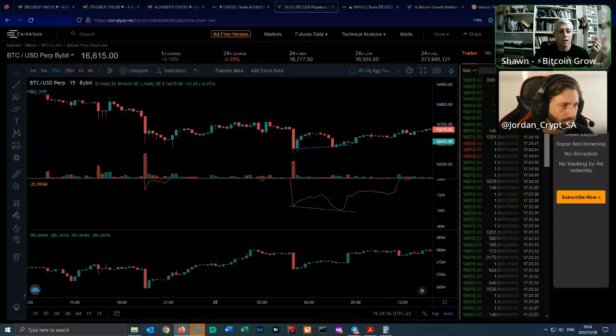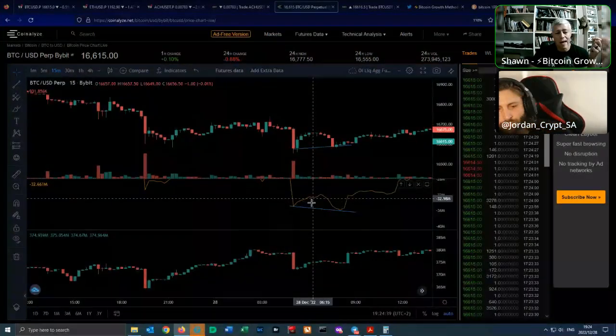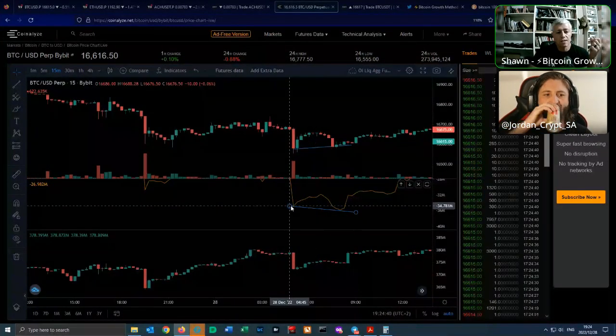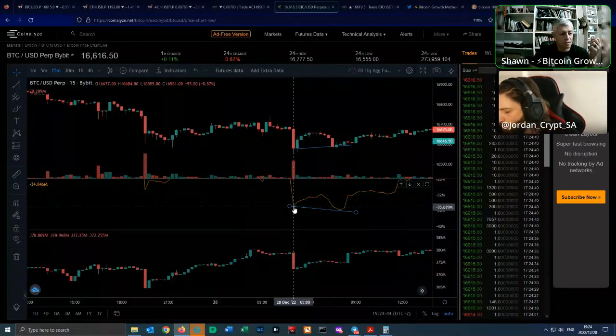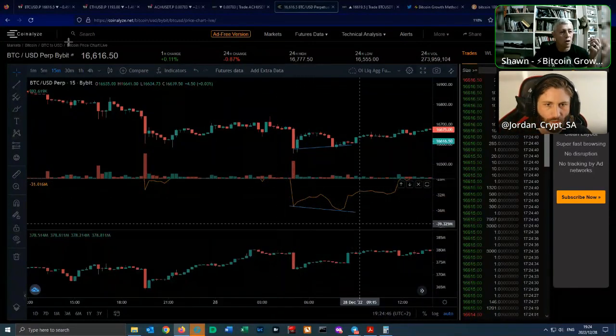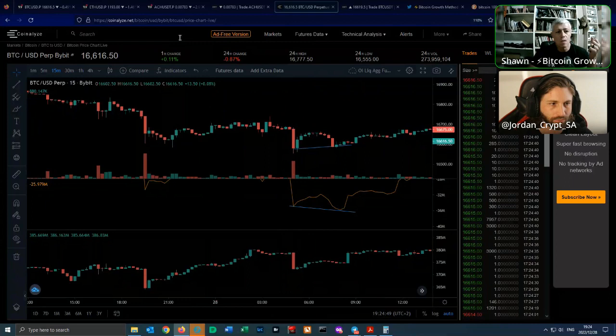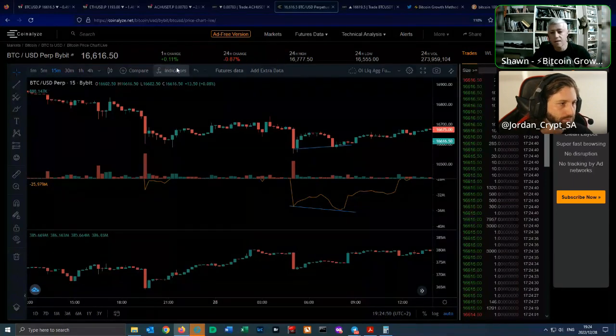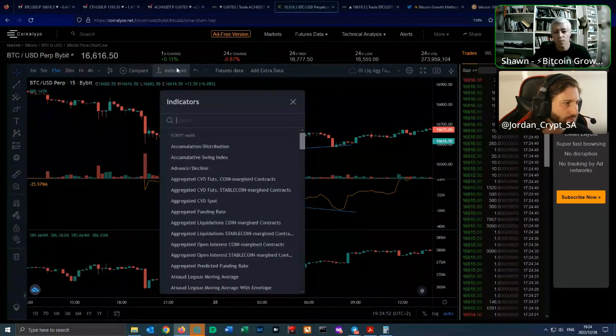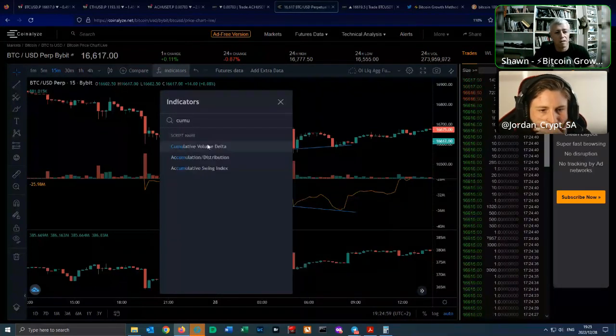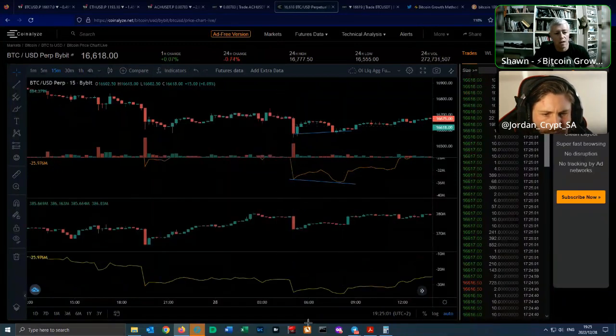This is the CVD indicator, and I use coinalyze.net. It works exactly the same as TradingView, and this is a free version, so you can search for cumulative volume delta, add it to your chart, and there it is for free.